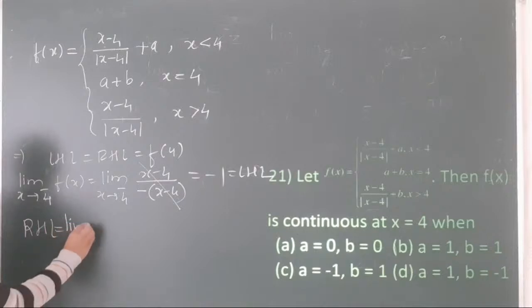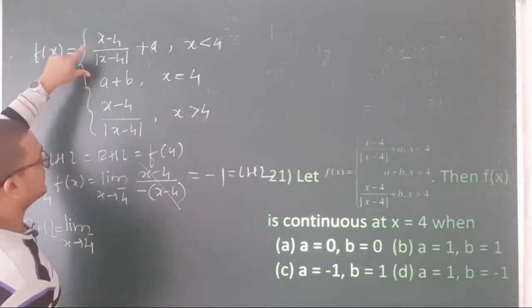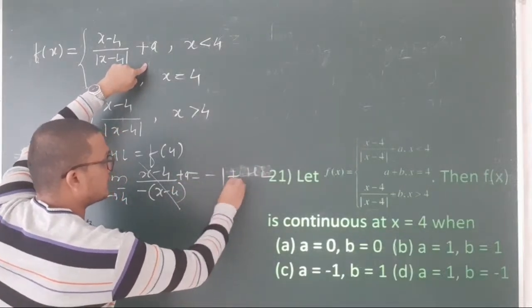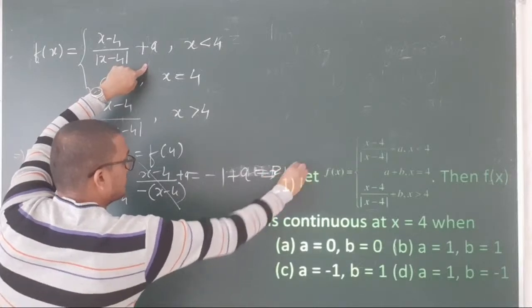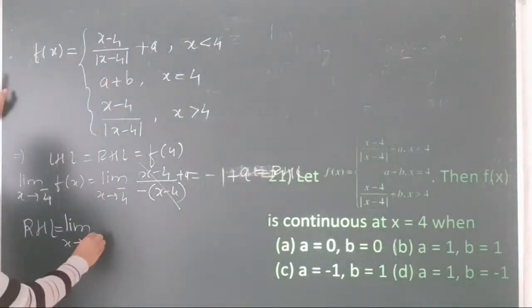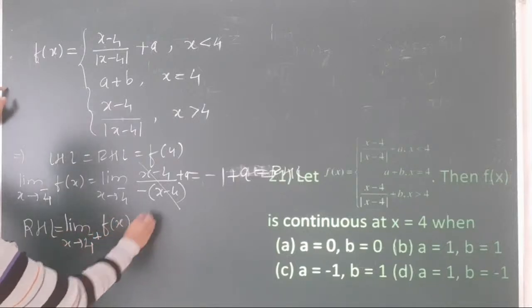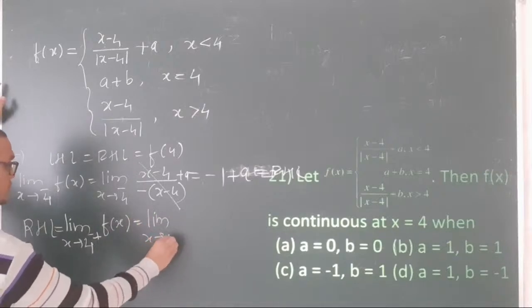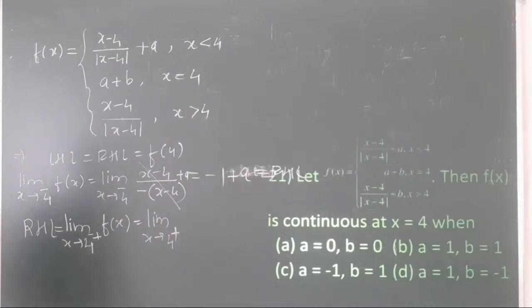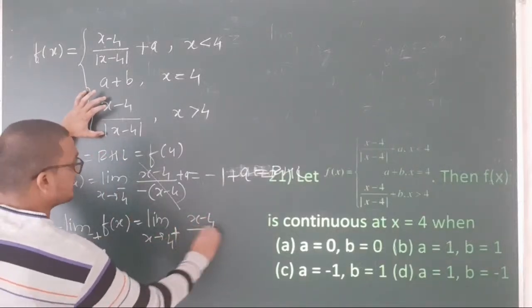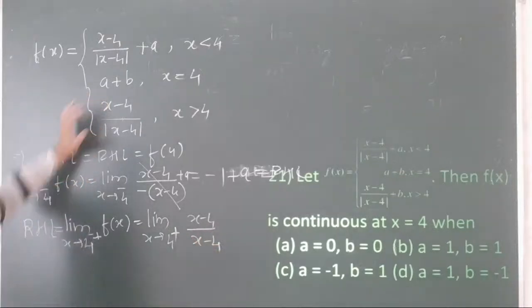Sorry, I made a mistake, plus a is there, so therefore the answer is minus 1 plus a. So this is your LHL. RHL is what? Limit x tends to 4 plus of f of x, which is equal to limit x tends to 4 plus. Now x is greater than 4, and for x greater than 4 the modulus value is always positive, so therefore it is x minus 4 upon x minus 4.